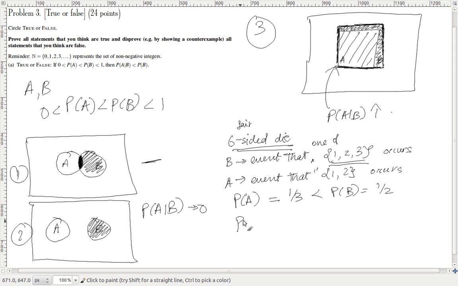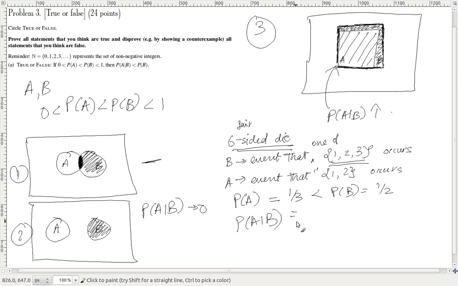But now once we've been given that B occurs, what's the probability of A? Right. So once we've been given that B occurs, then we know that the die came up as either 1 or 2 or 3, and you know that A occurs when either 1 or 2 occurs. So out of the 3 options, 2 of the options mean that A occurs.